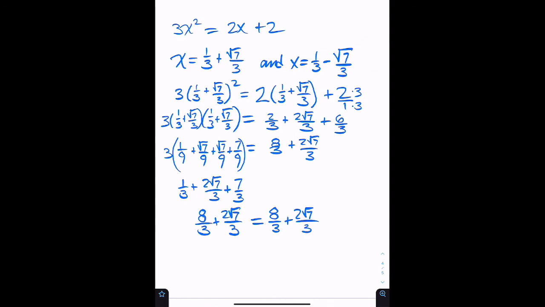And that's just proven that the equation we started with works. Now, if I did that with the 1/3 minus root 7 over 3, we'd also get the same thing on both sides. So I'm just going to believe that and let us move forward.